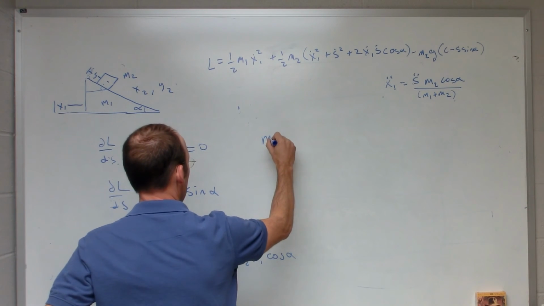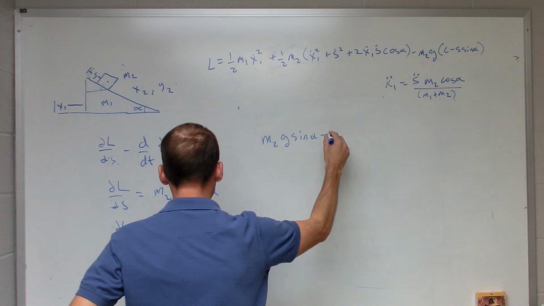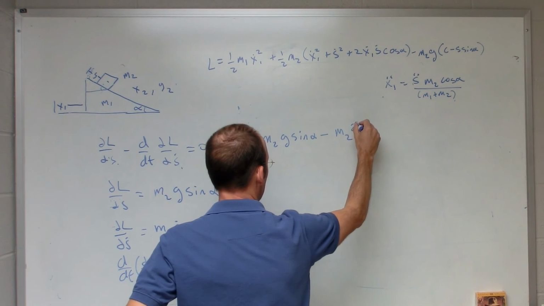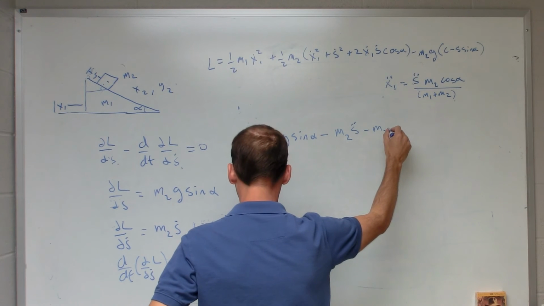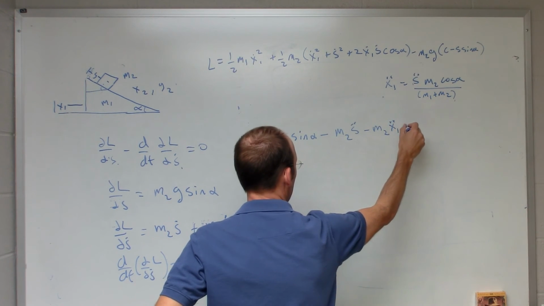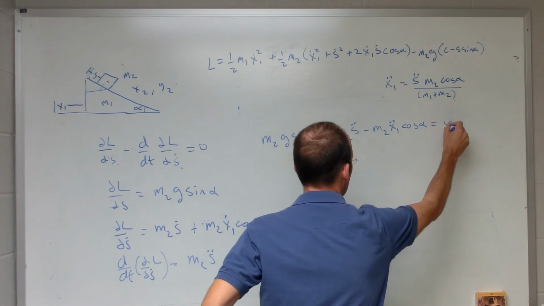So I get m2 g sine of alpha minus m2 s double dot minus m2 x1 double dot cosine alpha equals 0.